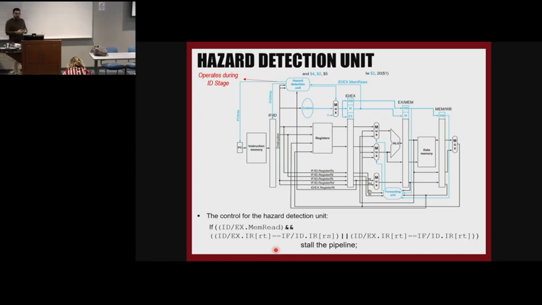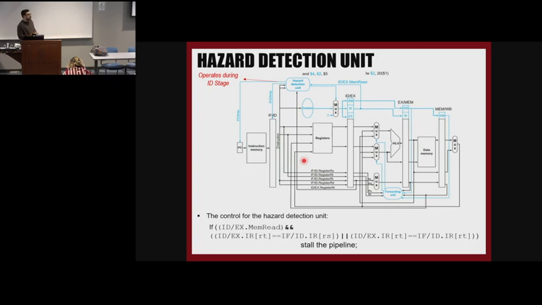Something that we also added was the ID/EX MemRead, because we want to make sure that it's actually a load word, right? Because we do have dependencies when we have a branch here as well, but branch doesn't lead to any hazards. Okay, so we had this condition, and we had the hazard detection unit in the decoding stage of the pipeline, which could stall the pipeline.